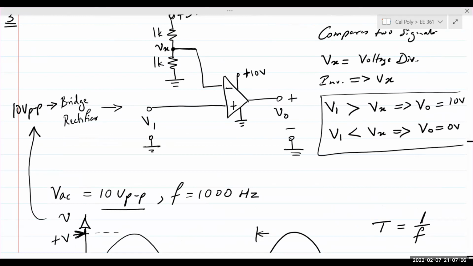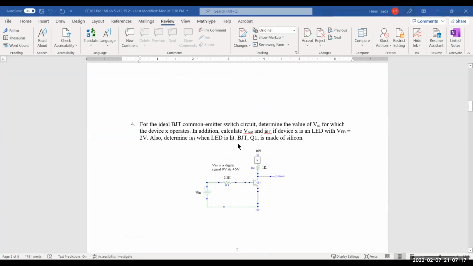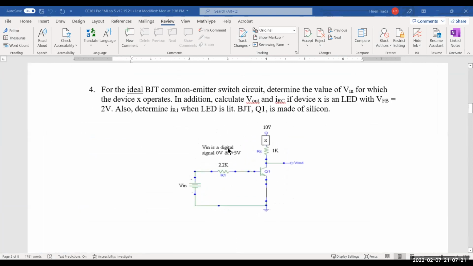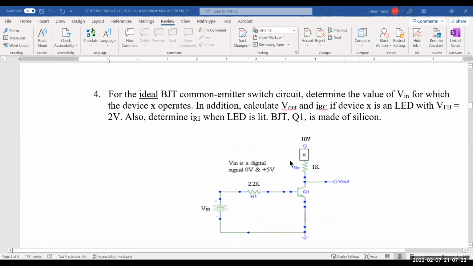Okay, problem number 3. Let's go here. Question. We have an ideal BJT common emitter switch circuit, and we are asked to determine the value of V in for which the LED, device X, would turn on.